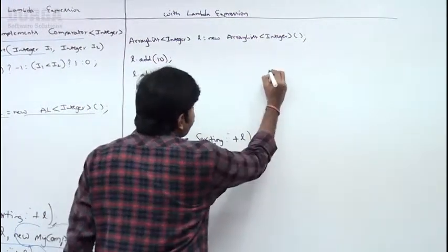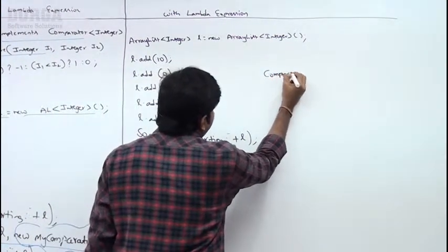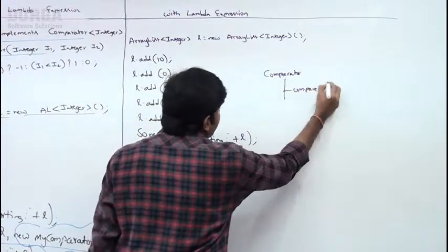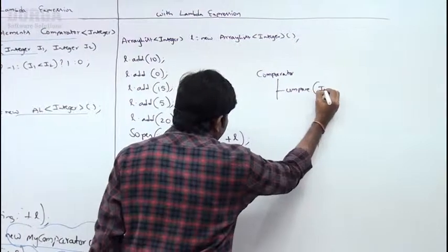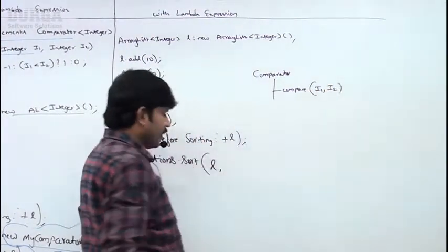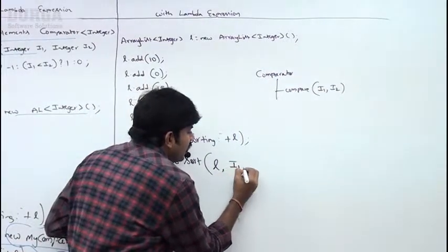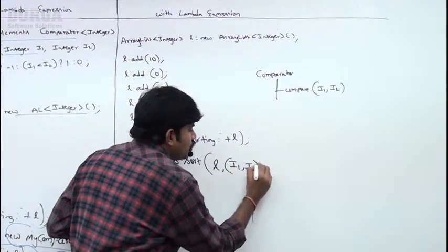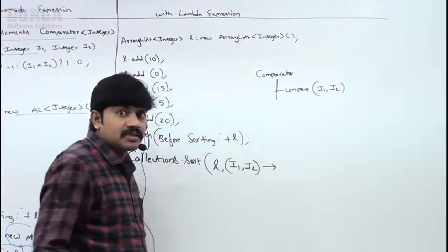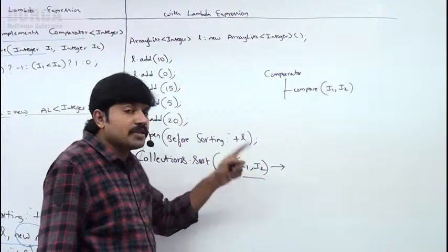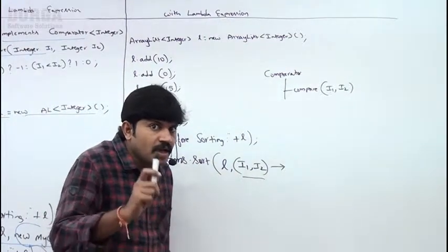Now Comparator contains the compare method, which takes two arguments. You know, right? Now L comma I1 comma I2. If I take it like this in the lambda expression, these will become arguments to the compare method.